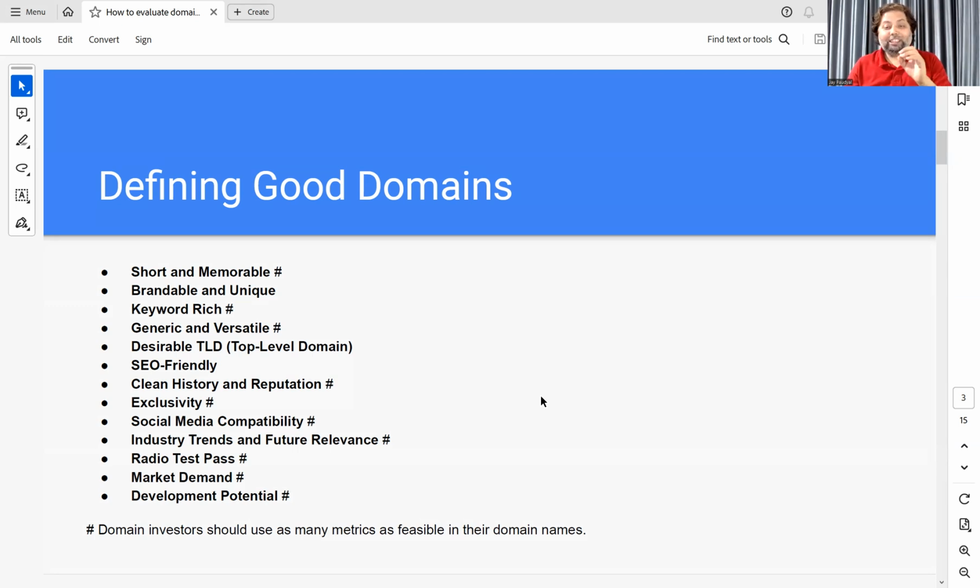From expireddomains.com, I can find you a domain name which has more than 1 million backlinks. But the spam score and bad reputation are so high. What will you do with that particular domain? Nothing. Nothing can be done. So you should not buy those kinds of domains.